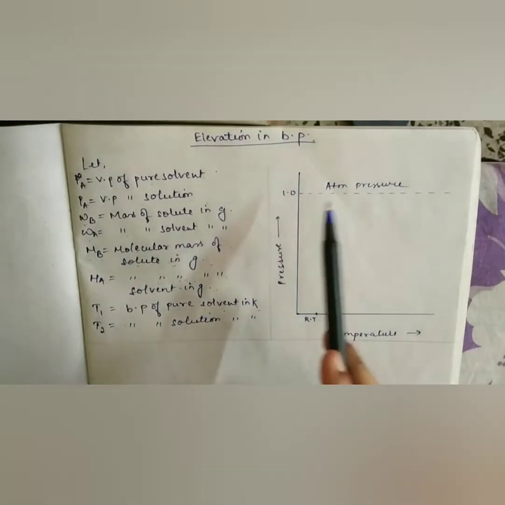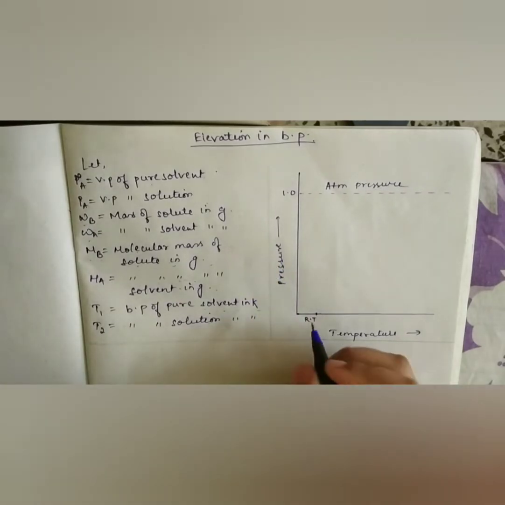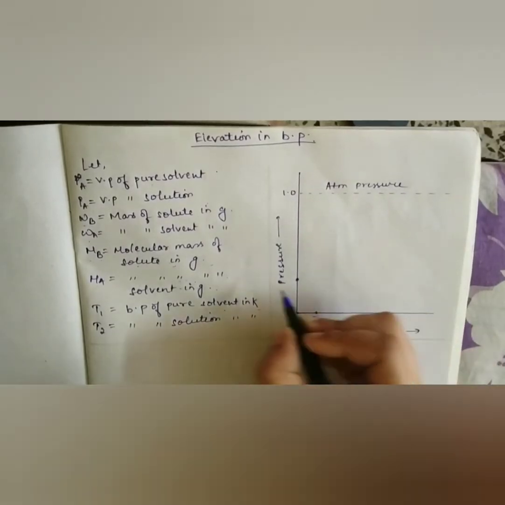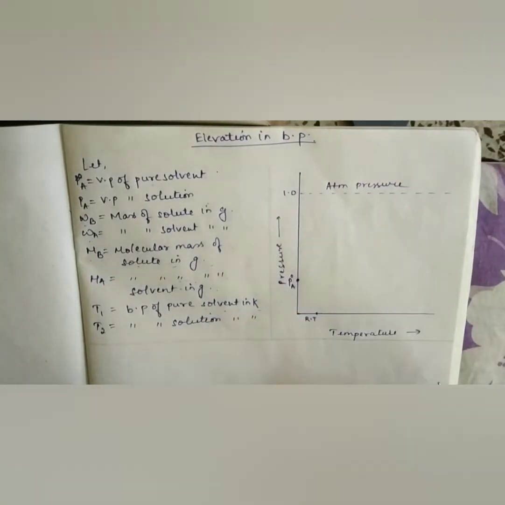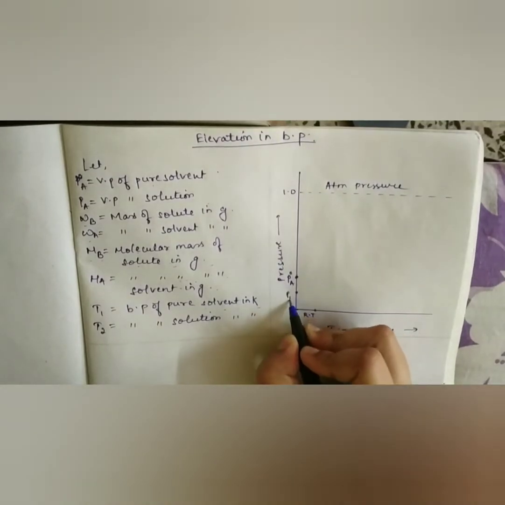Now let us try to understand elevation in boiling point graphically. So here I have shown atmospheric pressure, the room temperature I have shown here. This x coordinate is of temperature and this y coordinate is showing the pressure. So I shall represent the vapor pressure of the pure solvent, suppose here P naught A, and definitely the value of PA will be less than P naught A. So I am representing it to be here.